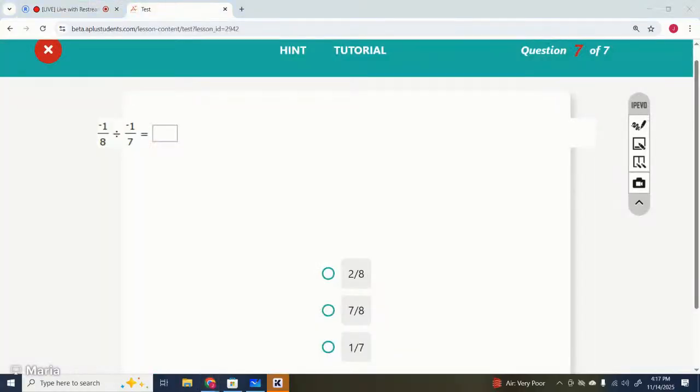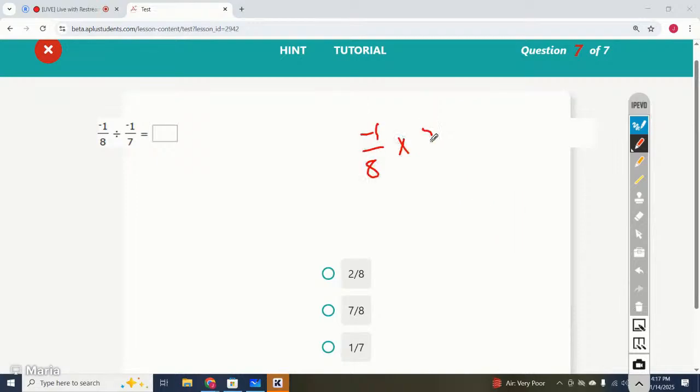Okay, so replace the division sign with multiplication and take the reciprocal of the fraction after, that is 7 times 1 is 7, 7 times 8 is 56.